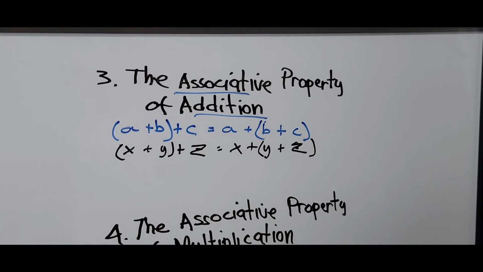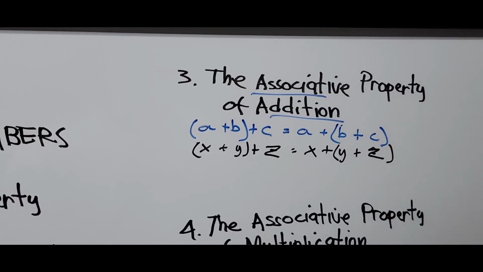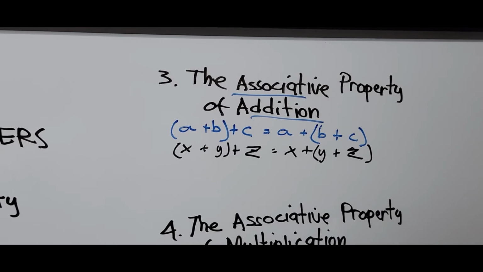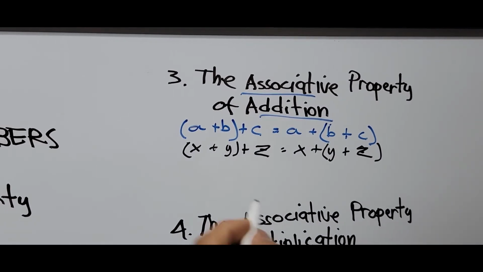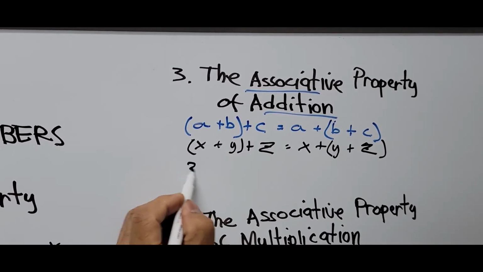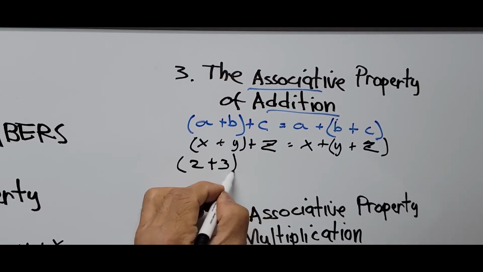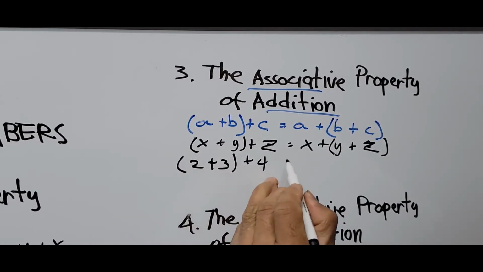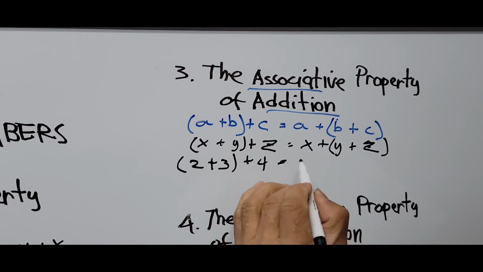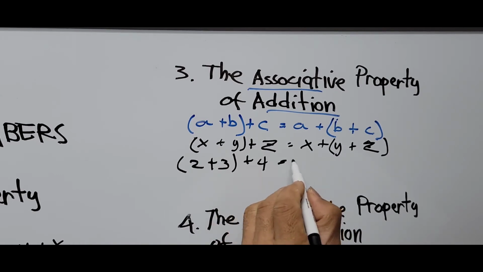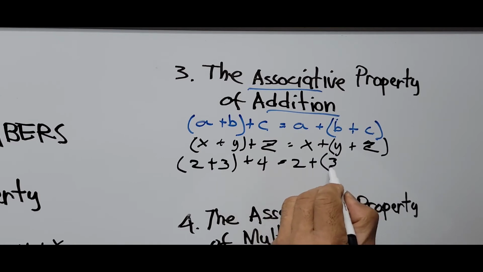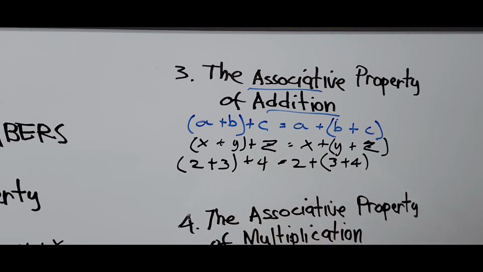And how about when it comes to numbers? If we go to numbers, let's say 2 plus 3 plus 4 is equal to the same as 2 plus 3 plus 4 with different grouping, right?